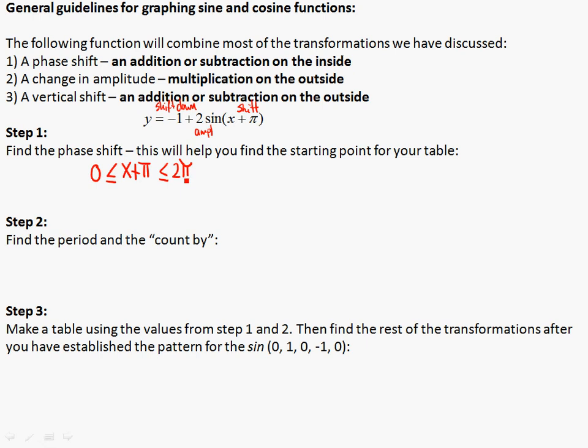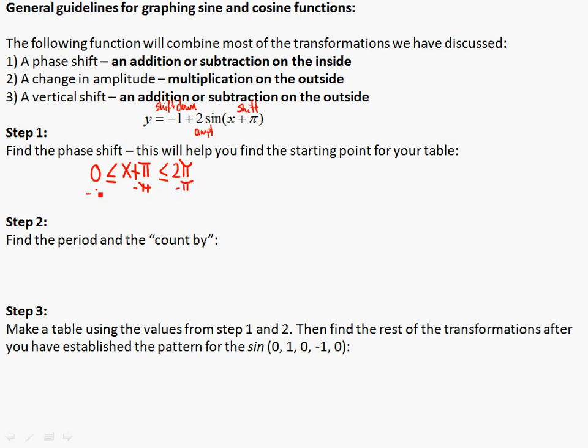Keep in mind that this is a change in your x values. I didn't ask that very carefully, so that's partly my fault. I'm trying to show you how I know how to write this inequality. It's just the normal start, and the normal period ends at 2 pi. So how do you solve this? You make it equal, and then you just subtract pi.